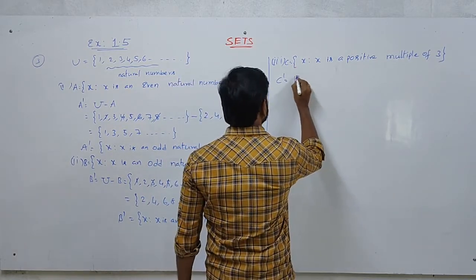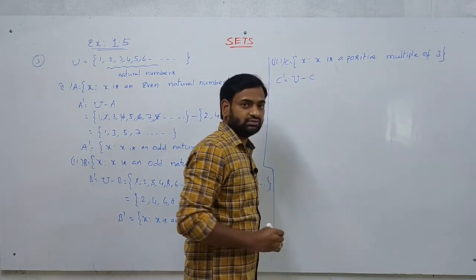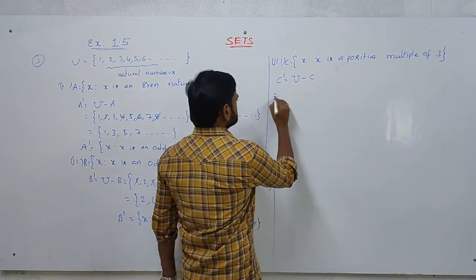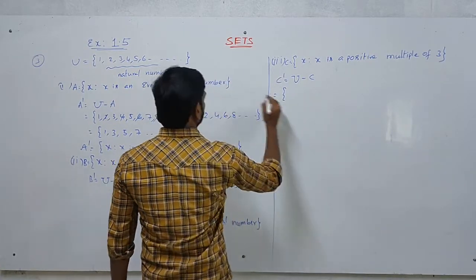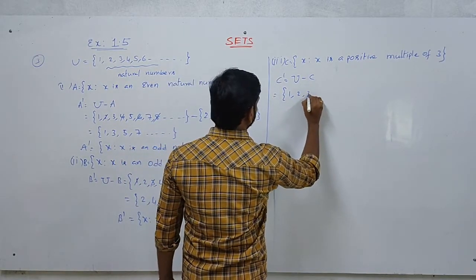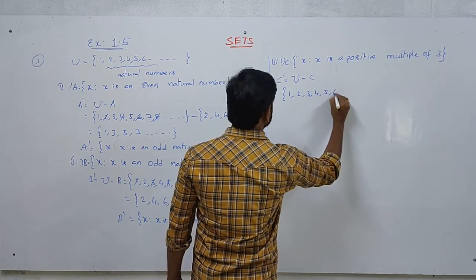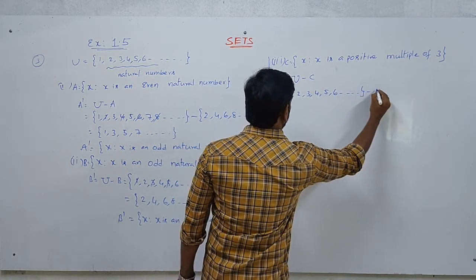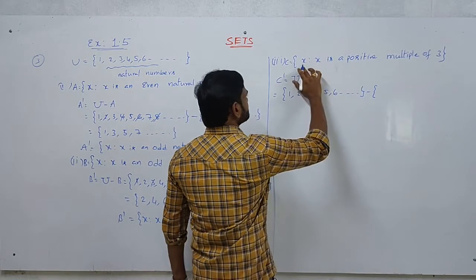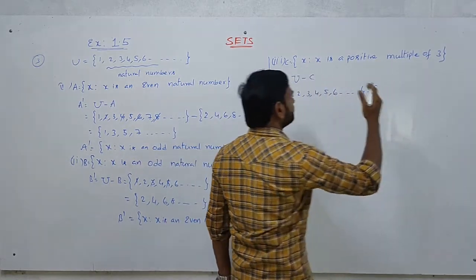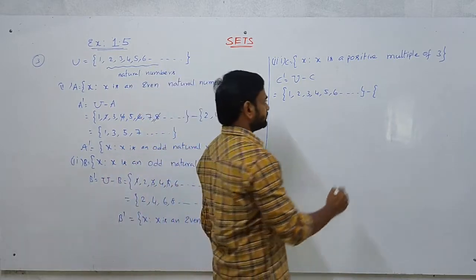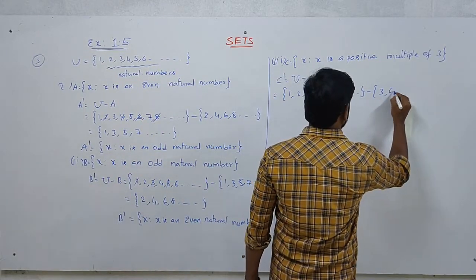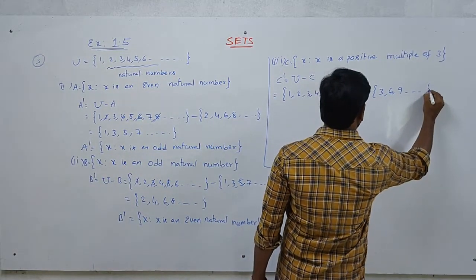C dash means it is U minus C. Is it clear to everyone? What is U here? U is 1, 2, 3, 4, 5, 6 and so on. Minus C, which is positive multiples of 3. So which numbers are multiples of 3? That is 3, 6, 9 and so on.